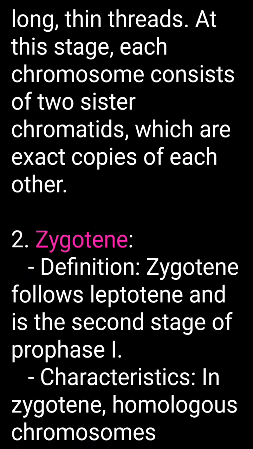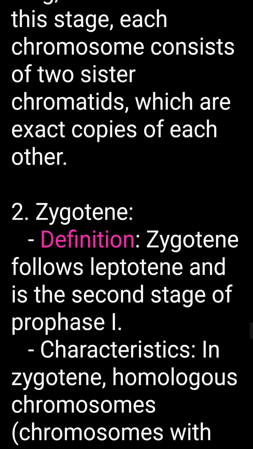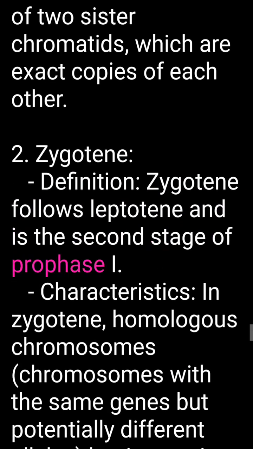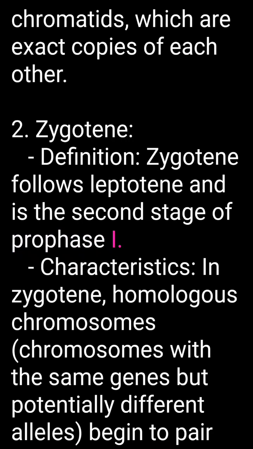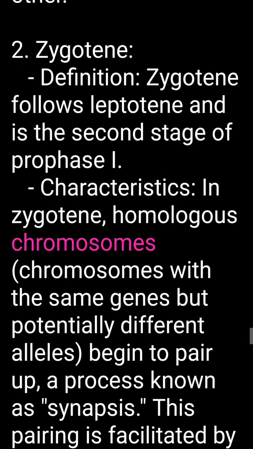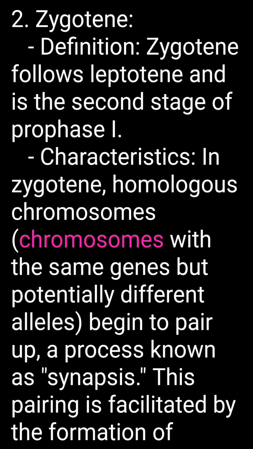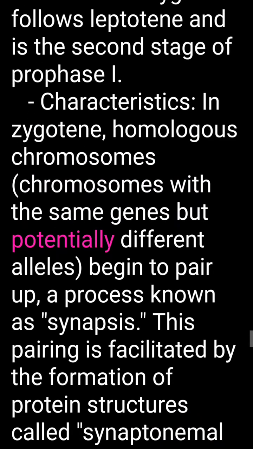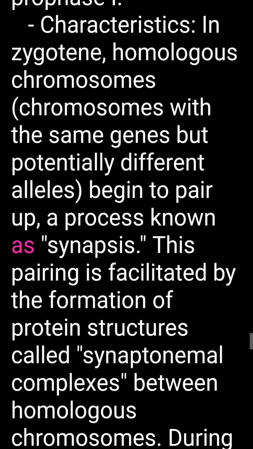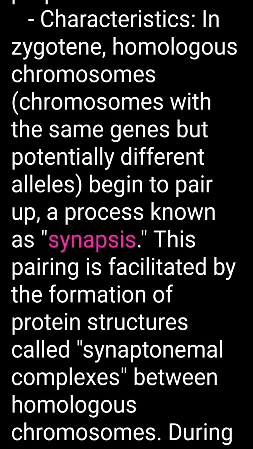2. Zygotene. Definition. Zygotene follows leptotene and is the second stage of prophase I. Characteristics. In zygotene, homologous chromosomes, chromosomes with the same genes but potentially different alleles, begin to pair up, a process known as synapsis.